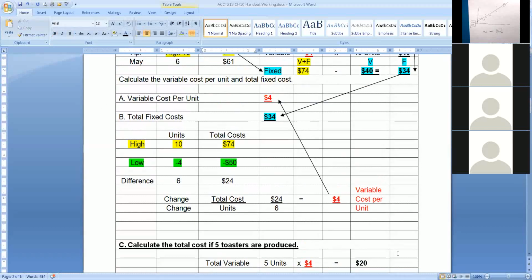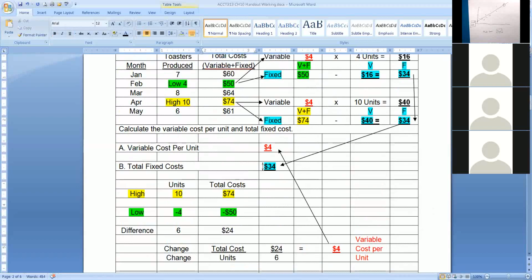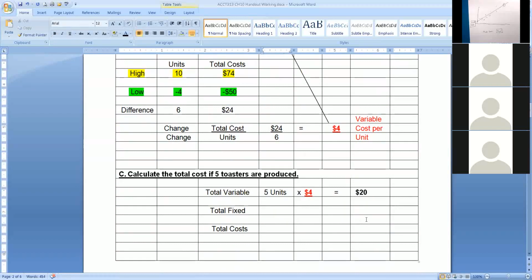The total fixed cost was 34. So the total cost would be those two together, $54.